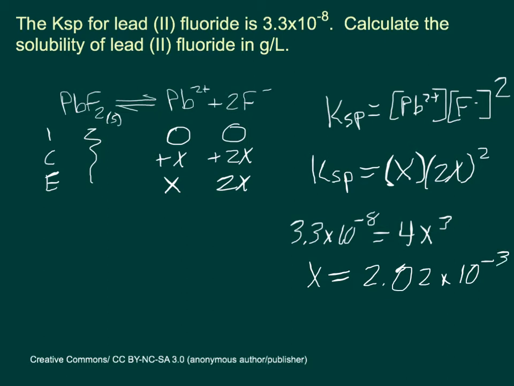Okay, and so now we want to know the molar solubility of this. Well, this is how much dissolves, right? Because for every x of PbF2, that's how much Pb2+ goes into solution.